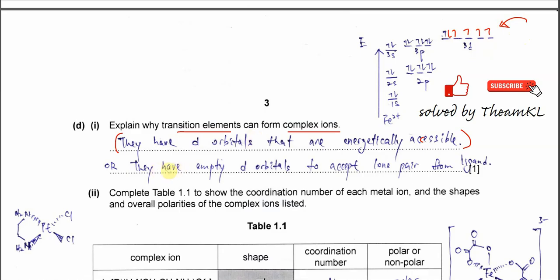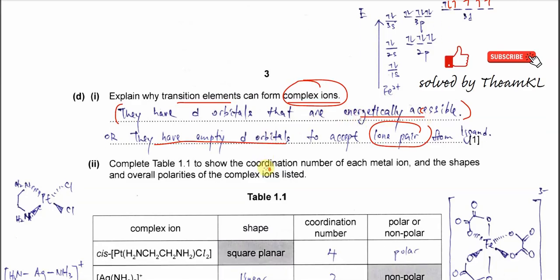Or they have empty d orbitals to accept the lone pair from the ligand. So they must not be fully filled, or else they cannot accommodate the lone pair from the ligand. That's the main concept of why they can form complex ions, or why they can form dative bonds with the ligand. They must have d orbitals which are energetically accessible. That's the meaning.